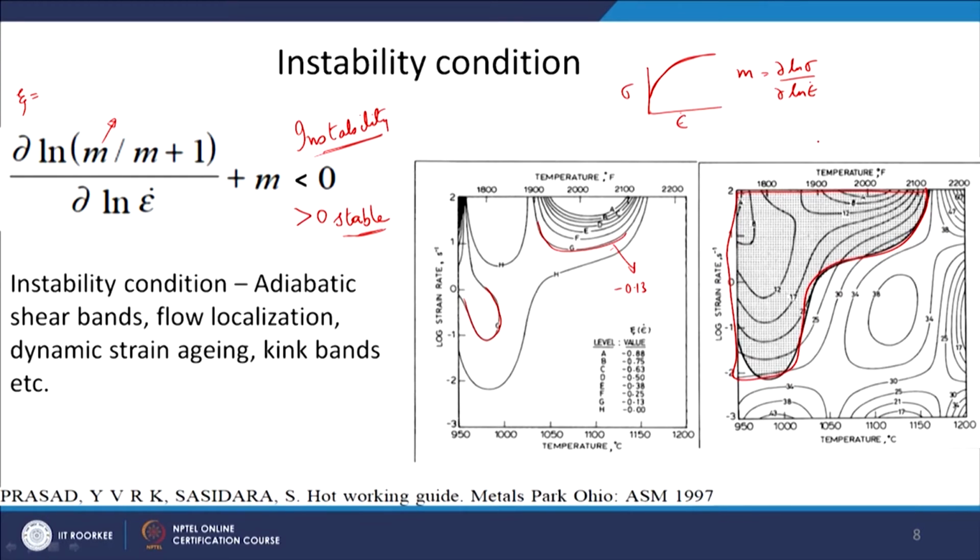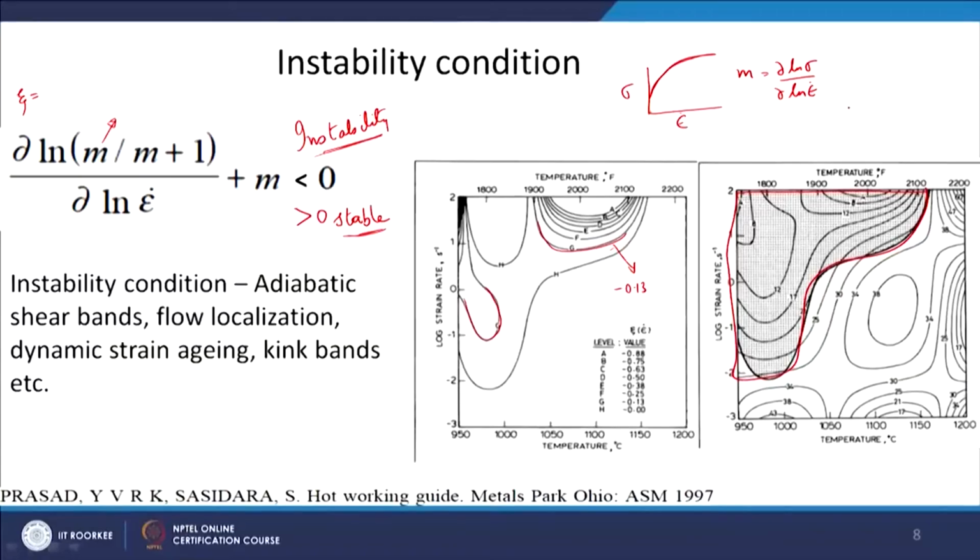But suppose m does not remain constant during the deformation or at different strain rates. Then what you can do is fit a polynomial equation to this curve and then differentiate it. That will give you m at different locations, so wherever you want you can put the epsilon dot of that value.